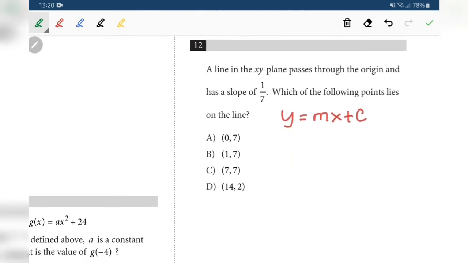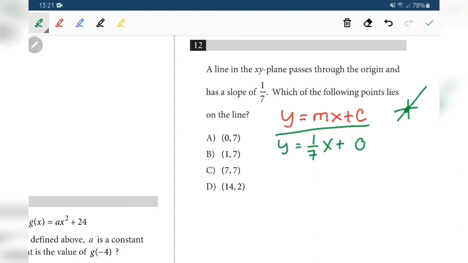Number 12 is actually about y equals mx plus c as well. When it passes through the origin, the c, the origin, equals 0, and the slope equals 1 over 7. So let's try B for a test.